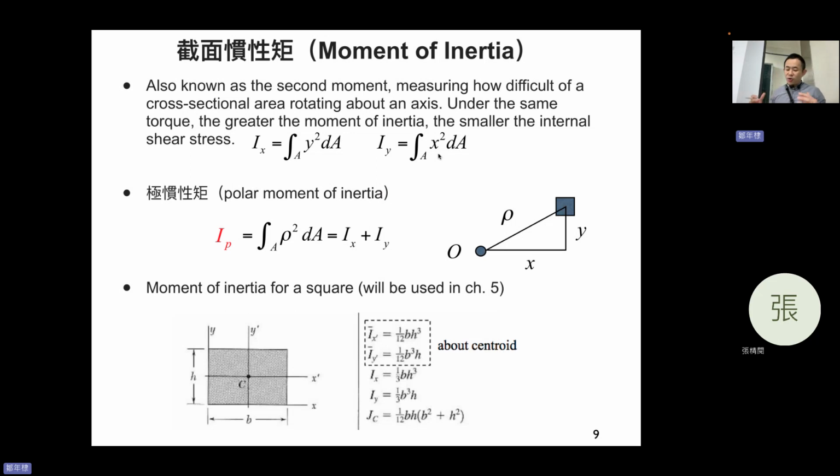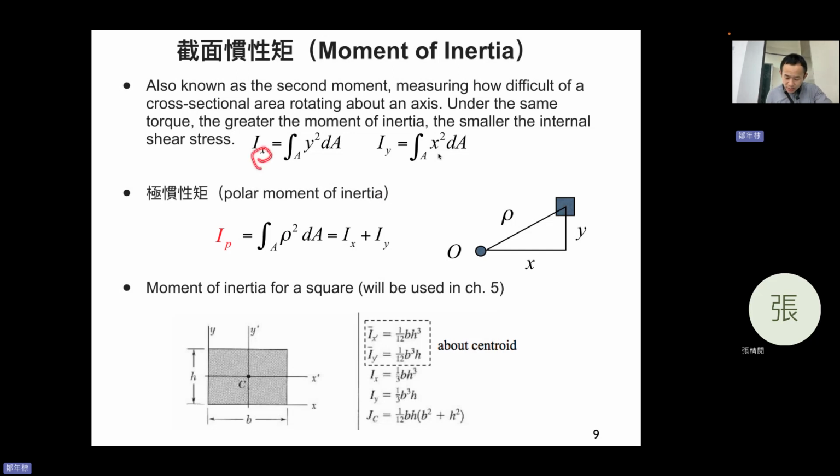If you have a greater moment of inertia, that shape is more difficult to rotate about that axis. For example, I will give you an example later. I just give you a definition first.